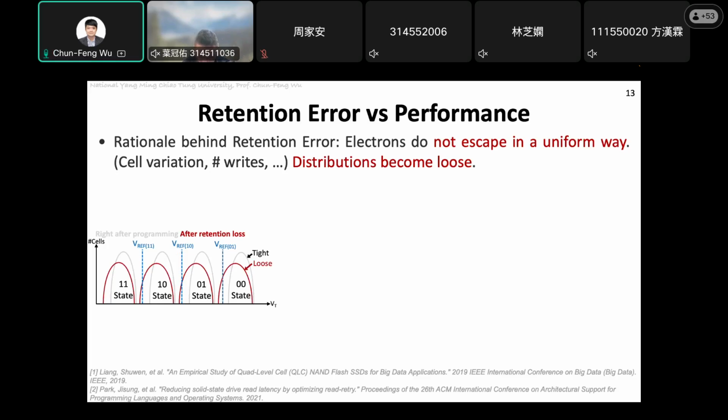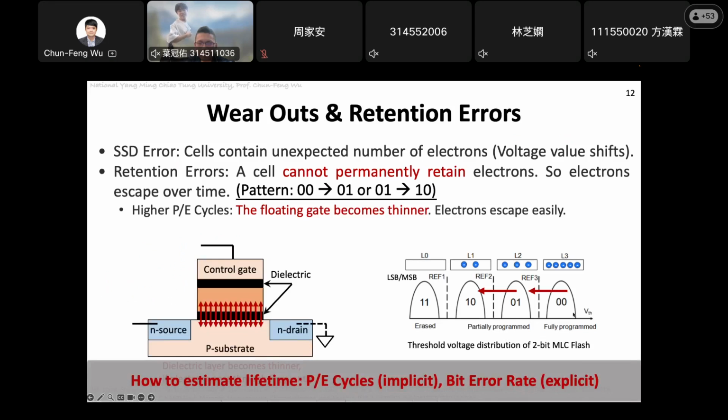The thing is, after the retention loss, your distribution will look like this, right? If you still remember, we said that if there are more electrons inside the cell, then more electrons will get lost.